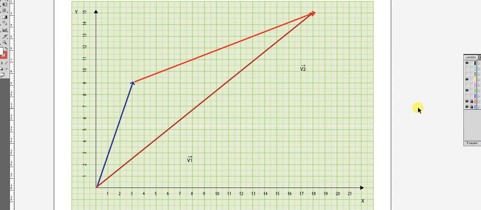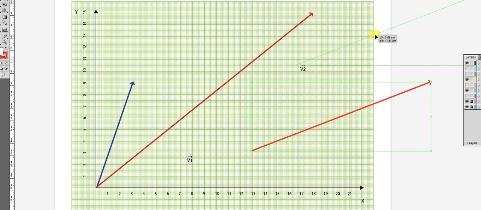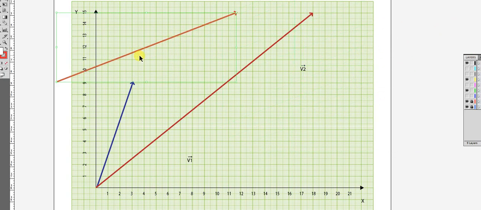That's correct, because a vector has a direction and a magnitude, and if the direction and magnitude are fixed, no matter what you do, it will be the same vector. If I bring it here, I bring it there, it's the same vector.